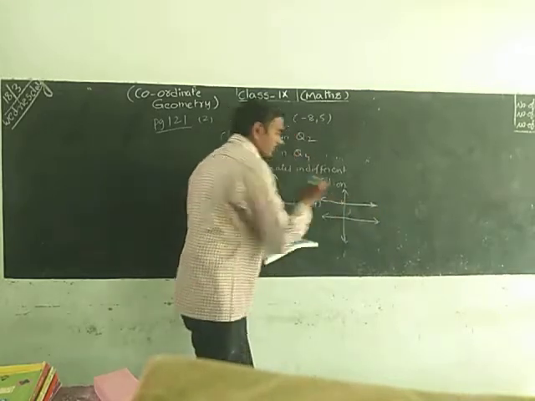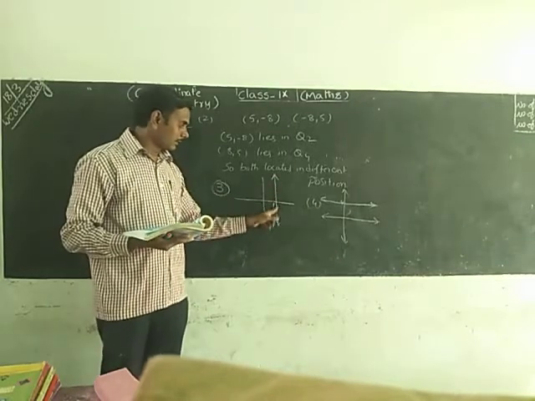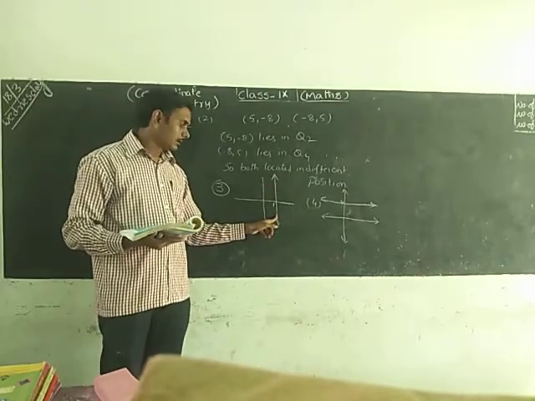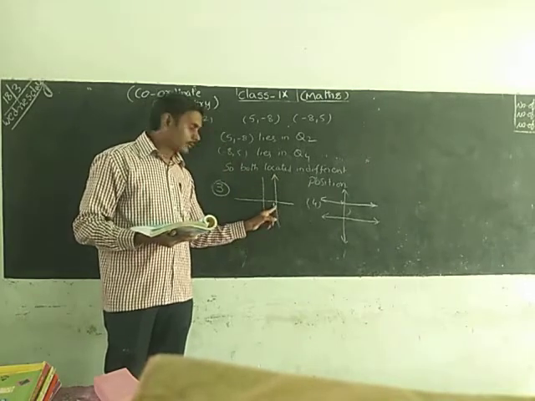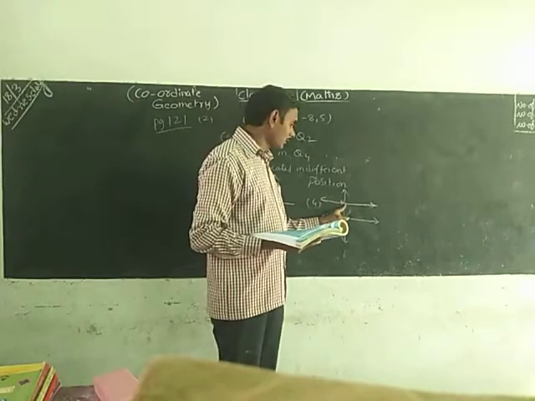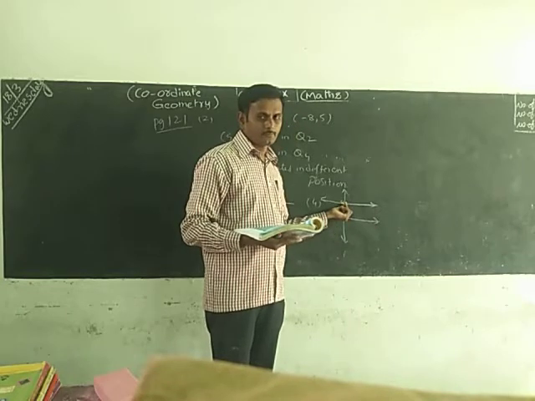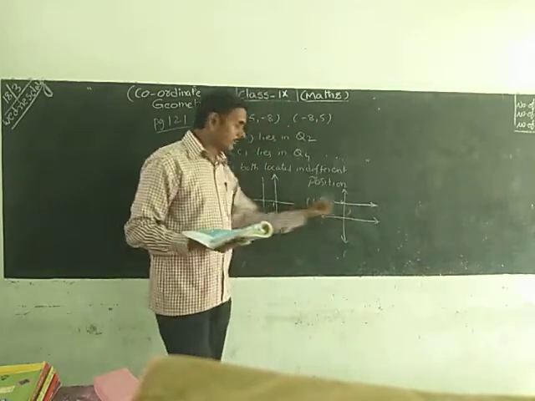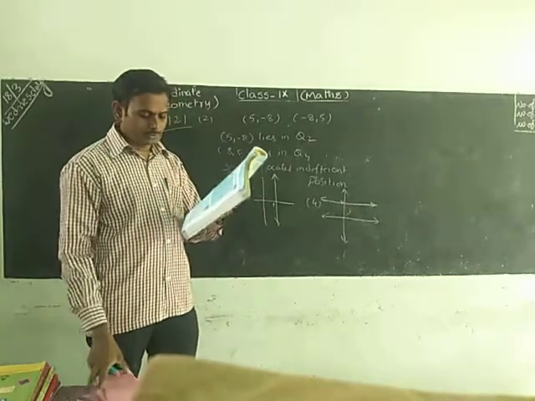For the third one, the graph will cut at 1, and for the fourth one, it will cut at 4. That is those two; do them on your own. Now I will discuss the fifth one.